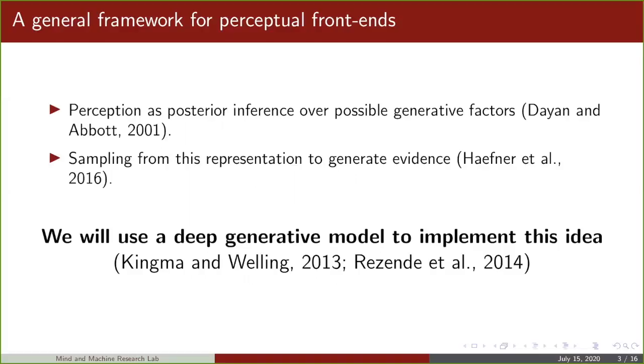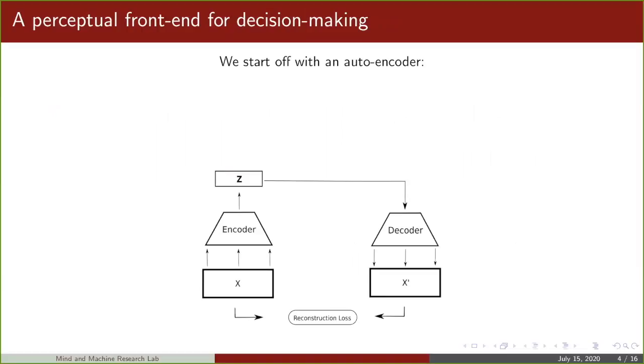Okay, so the particular model we're going to use is called a variational autoencoder. To understand how this model works, we'll start with the idea of a general autoencoder. In this model, you take some raw input, you project it through some neural network into some latent space, Z, and then take that latent representation and try to decode it back into raw input space.